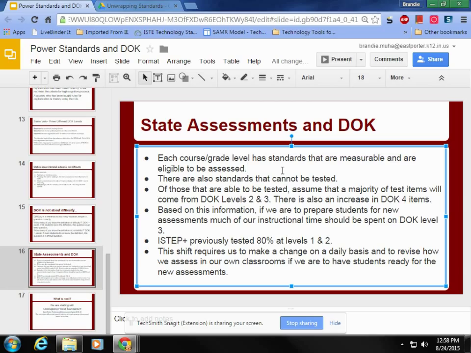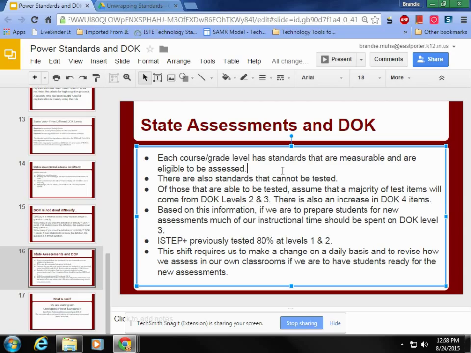So again, a majority of test items will come from depth of knowledge levels 2 and 3, and there's also an increase in depth of knowledge level 4 items. So now that we know that, we need to be able to prepare our students for these new assessments. So we want to spend a lot of our instructional time on depth of knowledge level 3. So we're going to take a closer look at that in just a second.